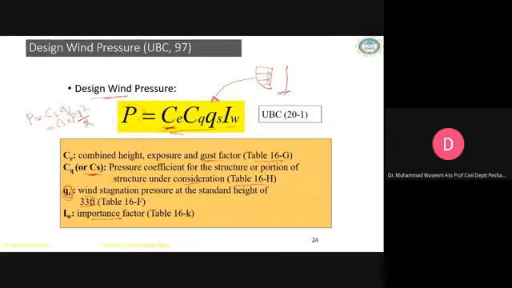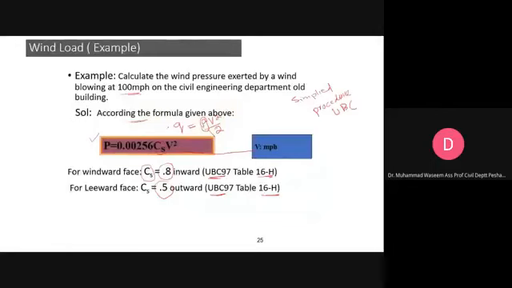If you go to the code and pick the values relevant to your building type and the exposure type of your building, you can compute the pressure using this formulation as well. So as I told you, we can use a simple formulation to compute the design wind pressure.